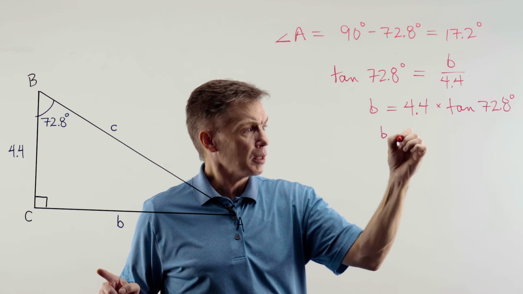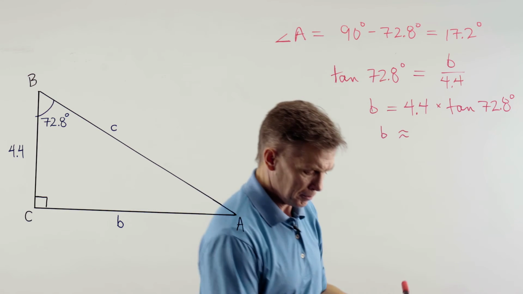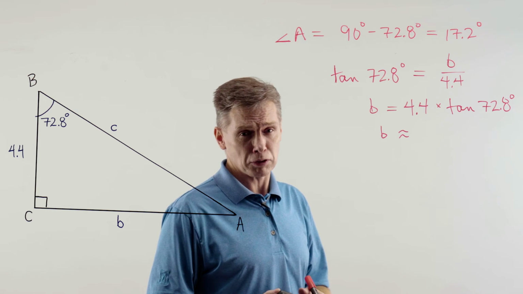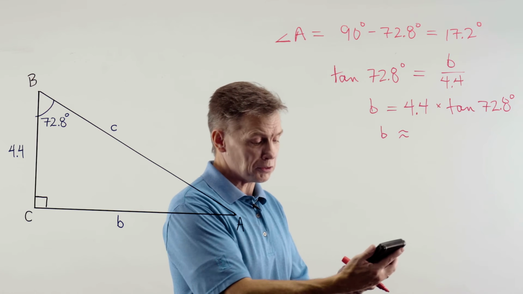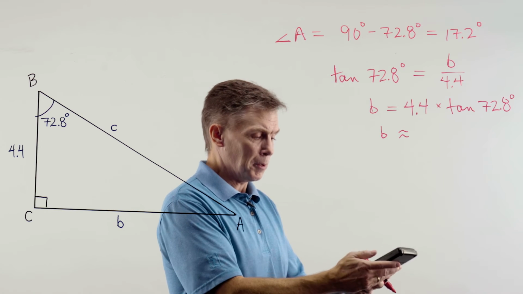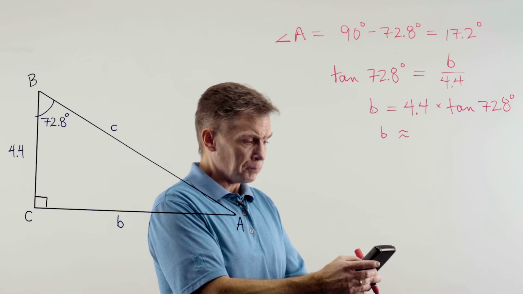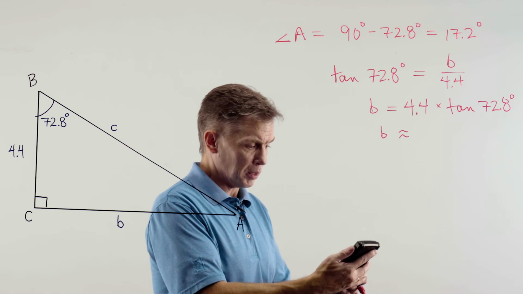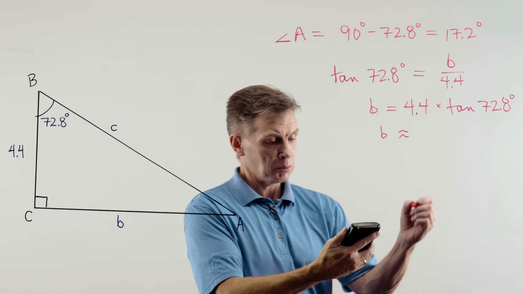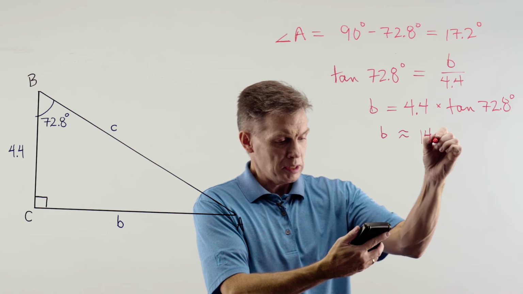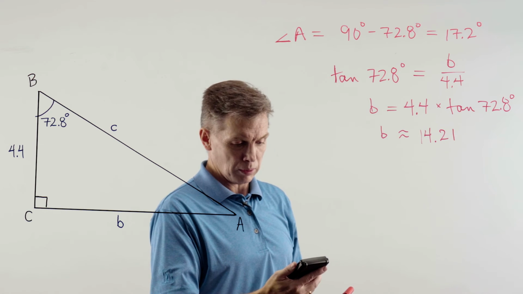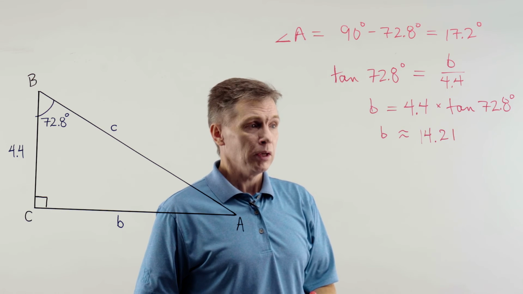And at that point, I'm going to grab a calculator. You might have even noticed the directions said to round to 2 decimal places. So it suggests that we'd have a calculator involved here. And 4.4 times the tangent of 72.8, approximately 14.21 with rounding. Okay? Good.